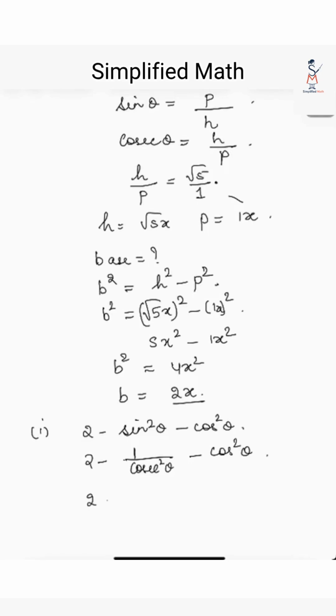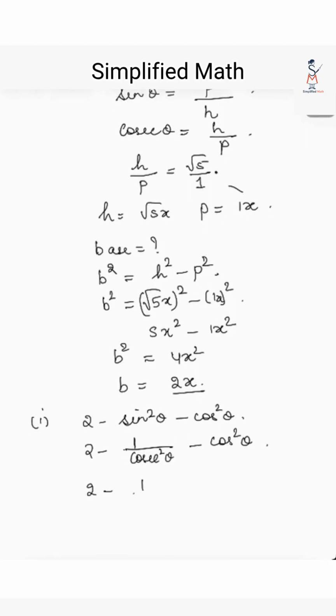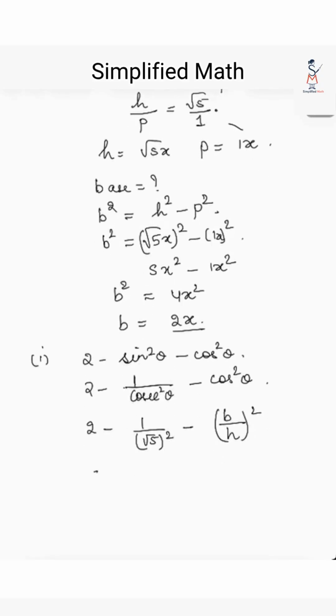And we know the value of cosec. Cosec is root 5. So 1 by root 5 whole square minus cos square. Cos square is b by h whole square. So this will become 2 minus 1 by 5 minus what is base? That is 2x what you found, and the hypotenuse was root 5x, whole square.